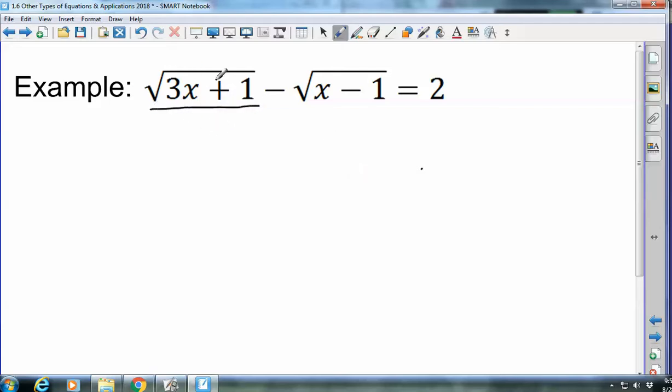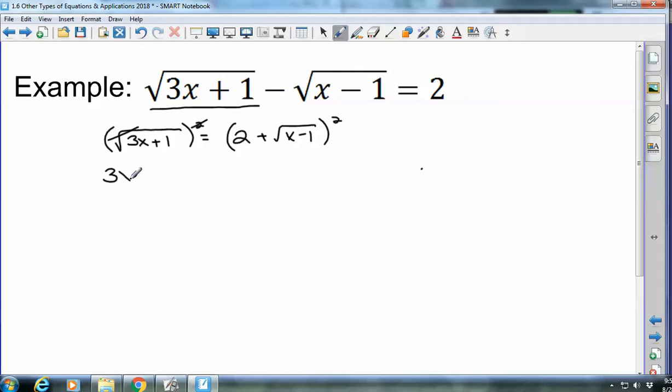Isolate the radical. So it doesn't matter which one you go with. I'm just going to isolate this one. So this will give me 2 plus the square root of x minus 1. Now we're going to get rid of a radical. So we square each side of the equation.